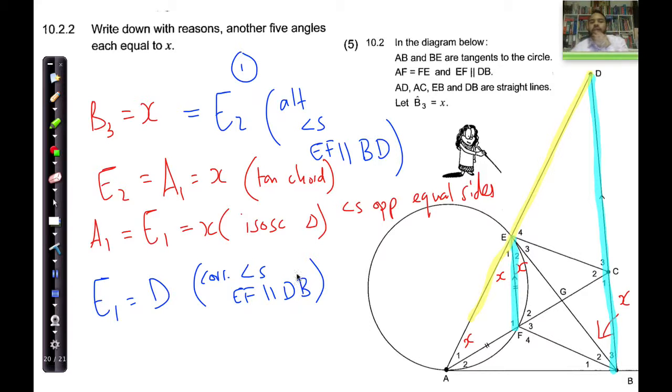Okay, so now it's up to us to find one more. I've got E2, A1, E1, and D. Okay, so I've got that over there. Let's see what else. I've got 1, 2, 3, and 4 angles. Now, let's see where's the fifth angle that I can find that's equivalent to x.